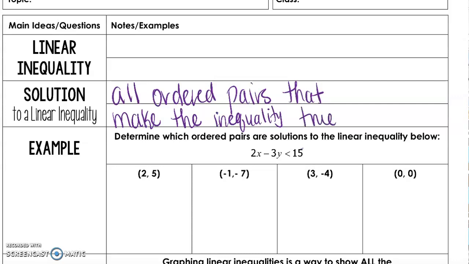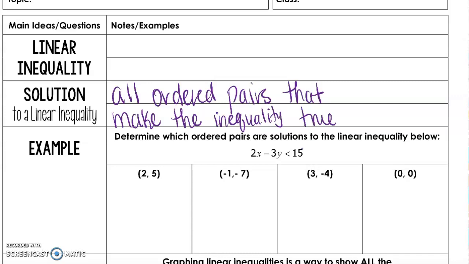So when you graph a regular line, we extend it in both directions and put arrows on because every single ordered pair that you would get makes that equation true. So that happens again with inequalities, only there's even more.